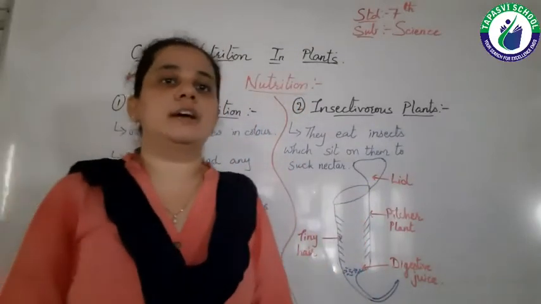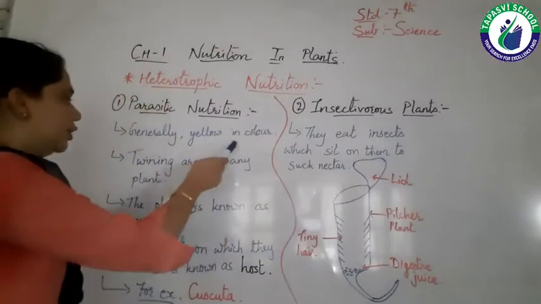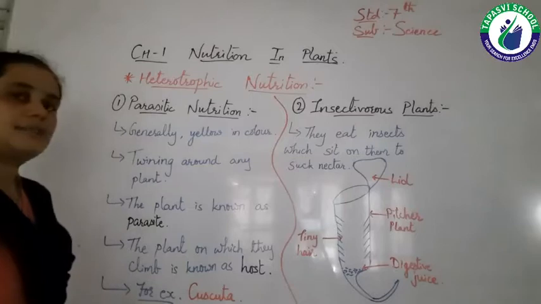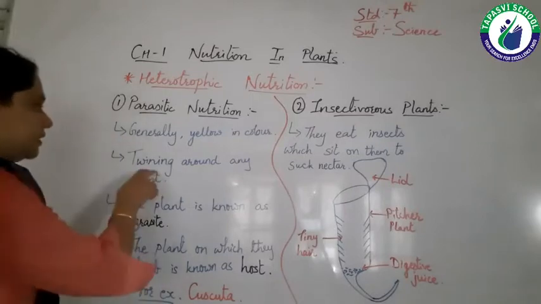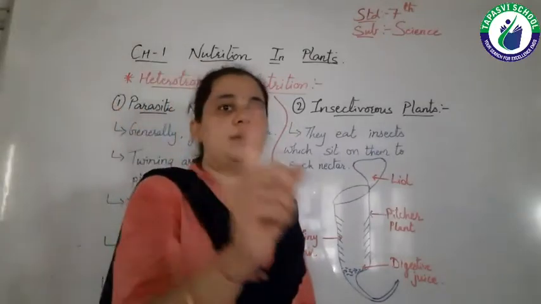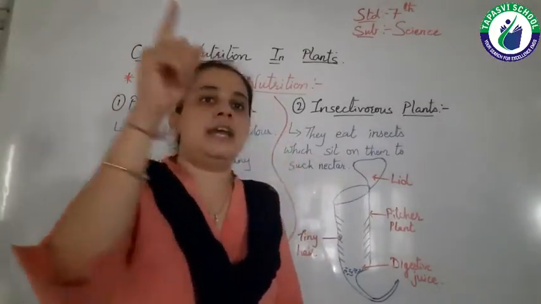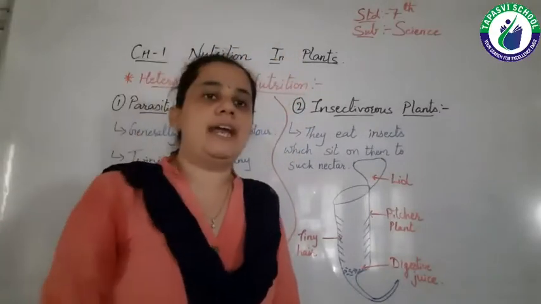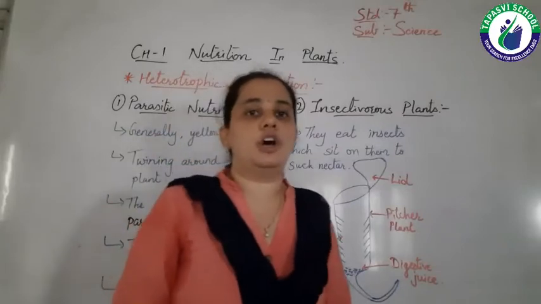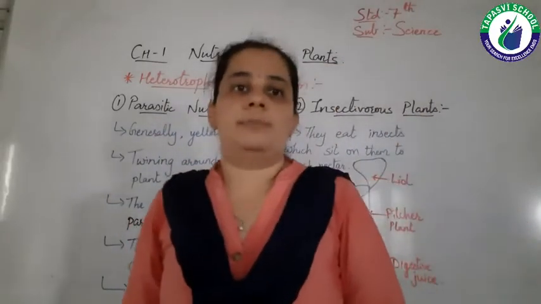Here we are talking about plants, that's why I told you they are generally yellow in color. These parasitic plants generally twine around any plant. If any plant is there, they climb on that plant and then take the nourishment or nutrition from that particular plant.